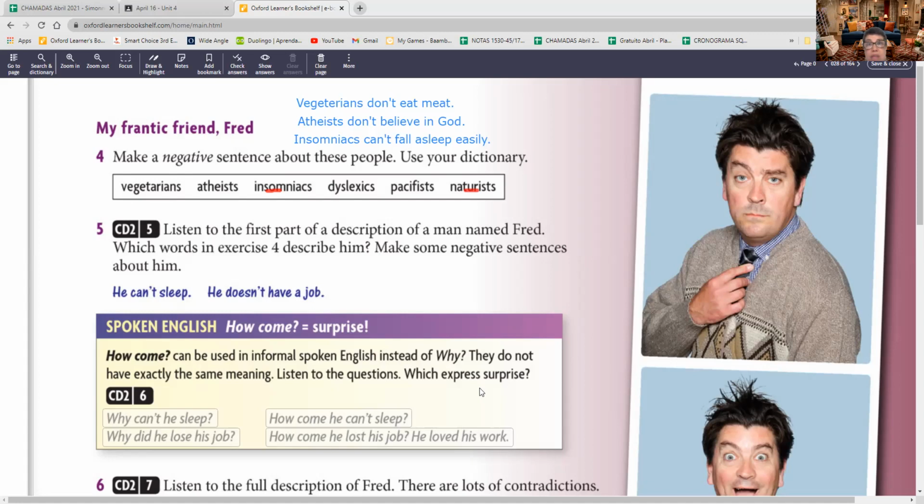But if you don't have the book, it's okay. You just tell me that you watched the video, and I will print this conversation. I have to print and send a copy of this conversation to the course.